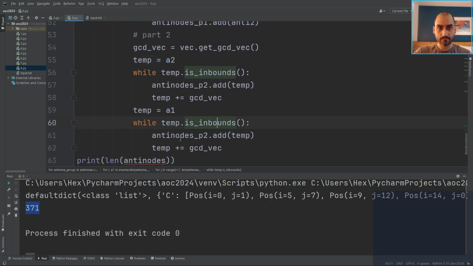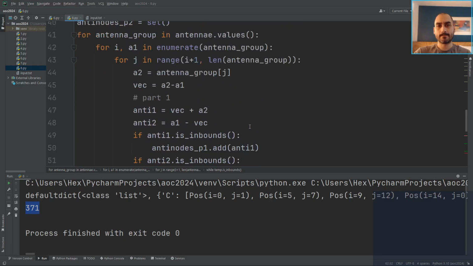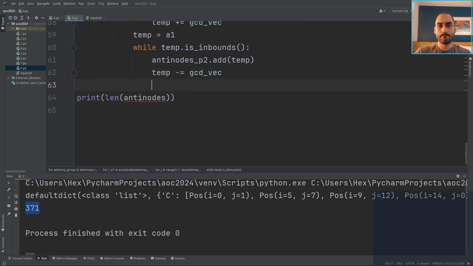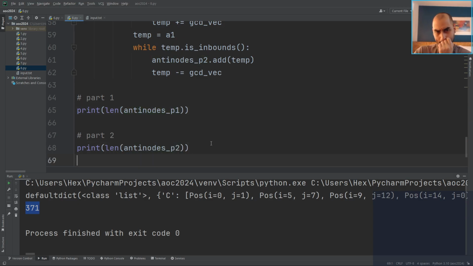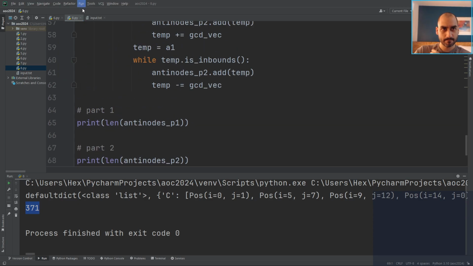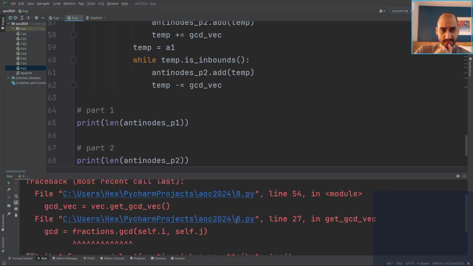While temp is in bounds, antinodes P2 add temp minus equal GCD vec. Alright. I'm confident. Module fractions has no attribute GCD.